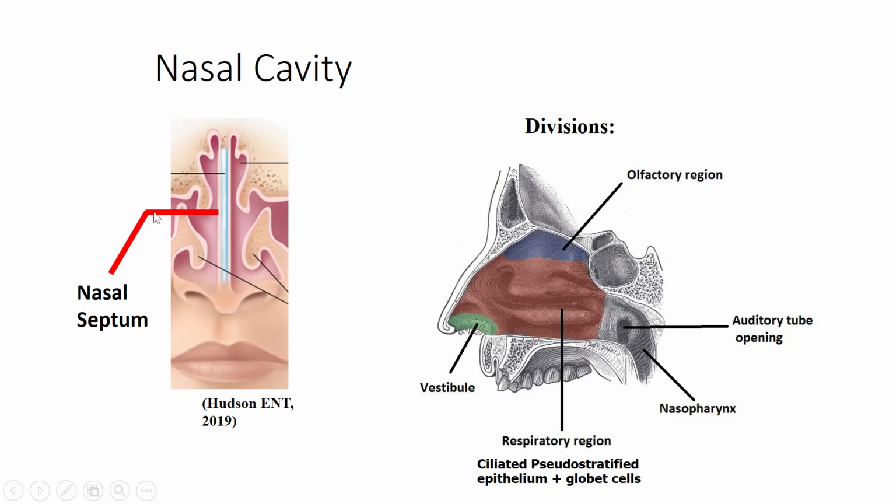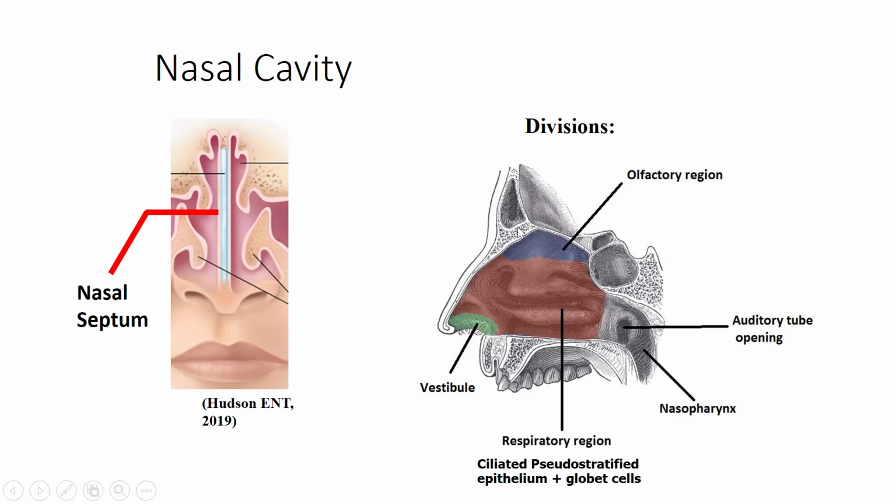And the nasal mucosa, which is the mucosa that is lining these nasal cavities, is firmly attached to the periosteum and also the perichondrium of the bones and the cartilage of the nose, with the exception of the vestibule, which is lined with skin, as we said before.